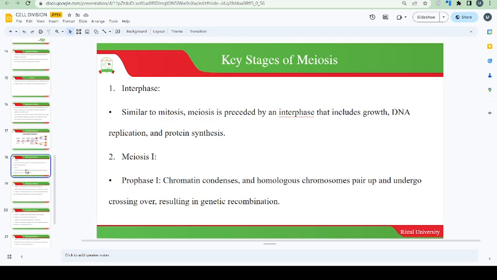So let's look at meiosis 1, prophase 1. In prophase 1, the chromatin condenses and the homologous chromosomes pair up and undergo crossing over, resulting in genetic recombination.